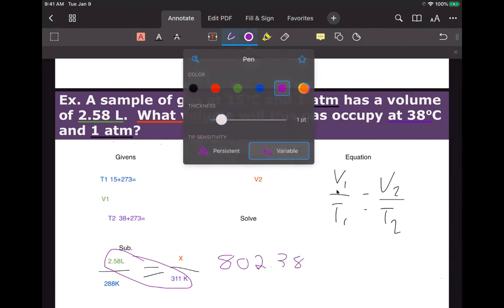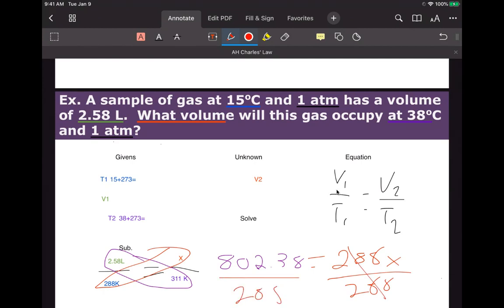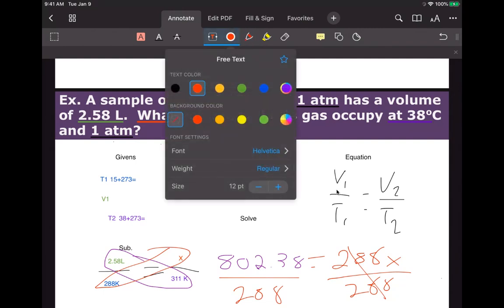Then on the other side equals 288x. So now I want to get x by itself, so I'm going to divide by 288. Remember, do not round until the very end. So I got me an answer, and I'll write this out in text.